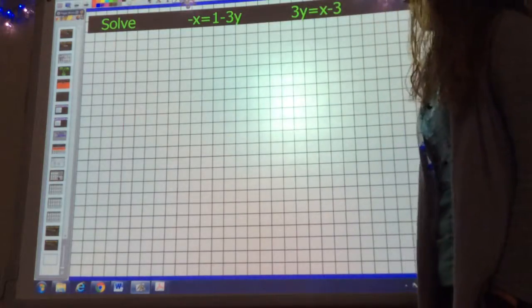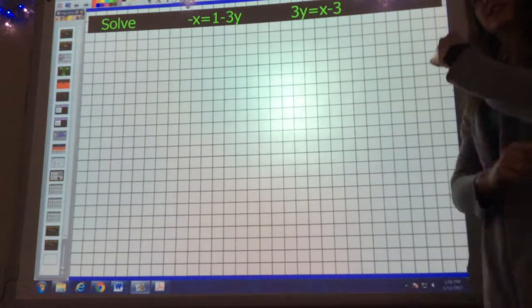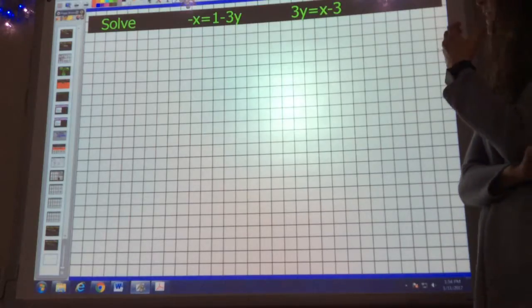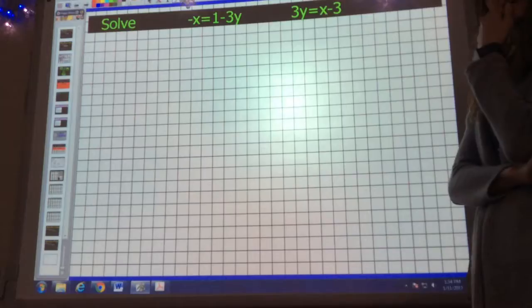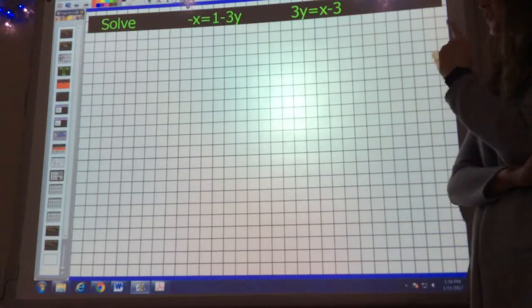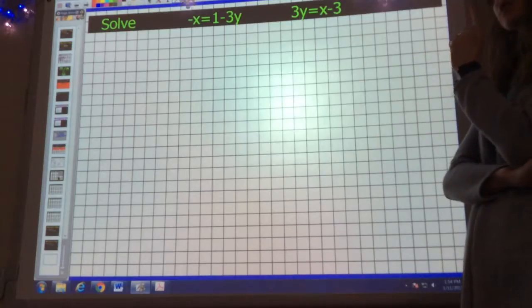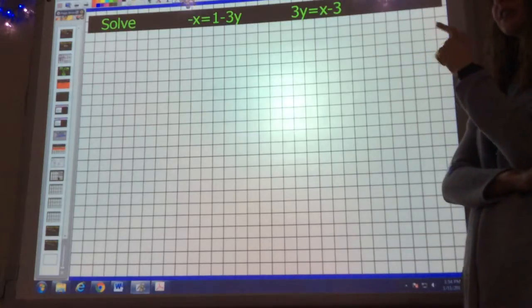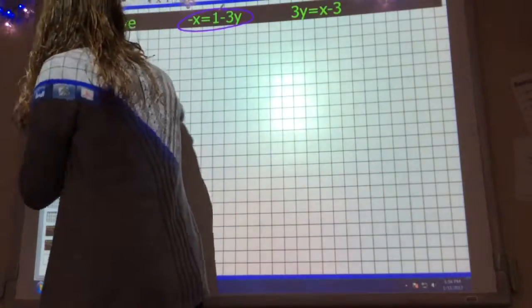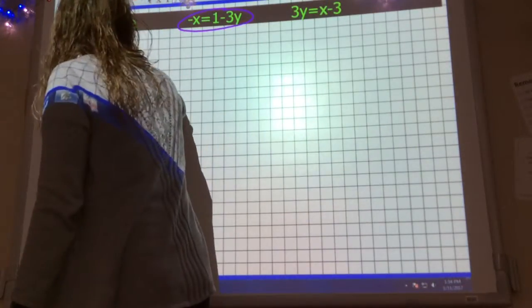Now, what makes these different? Because y has a 3 and... It's not in slope-intercept form, is it? No. But what are you guys really good at doing? If we don't use y equals mx plus b, we learned a different way to graph. What's a different way we learned how to graph?